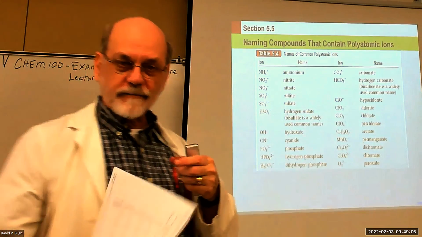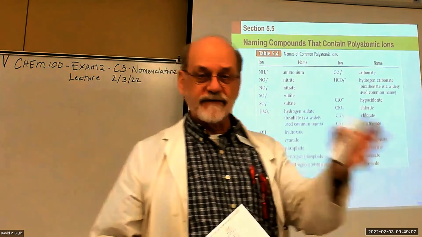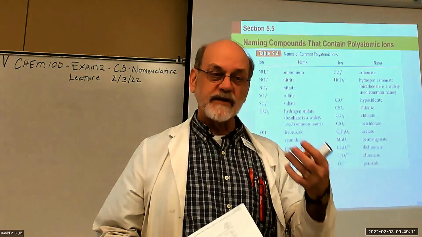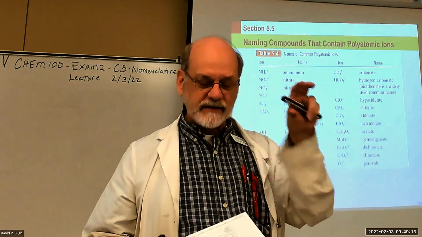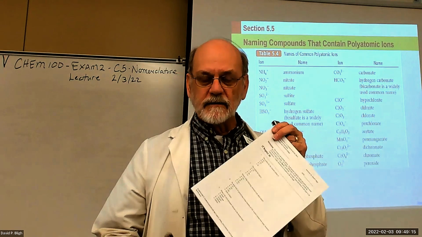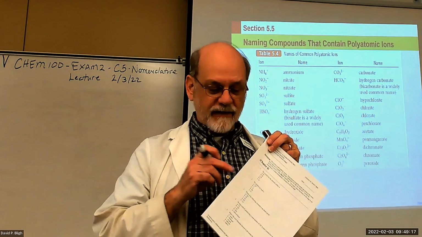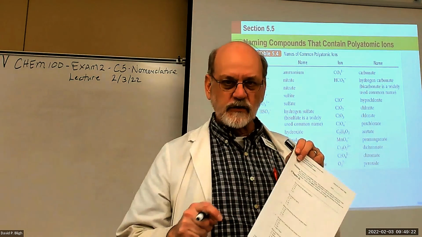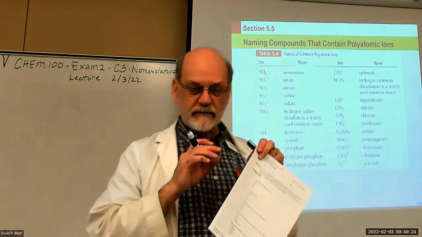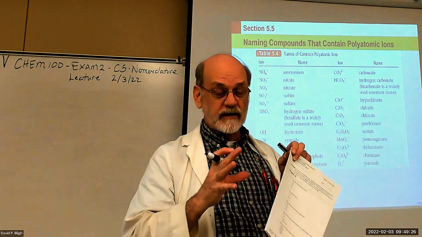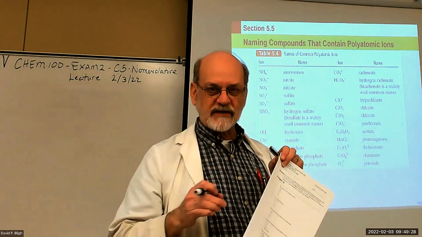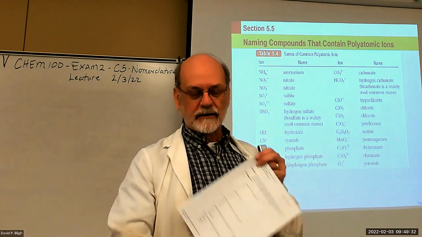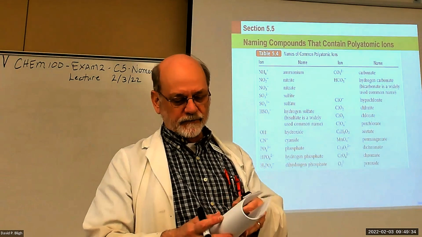You can be assured that during the exam, whether you take it face-to-face or in the same folder in Brightspace where you find the online exam, you'll find useful information, and that polyatomic list will be included in that useful information. So be sure and have a copy of it before you start the exam, because then Lockdown Browser will lock you out and you won't have access to it.